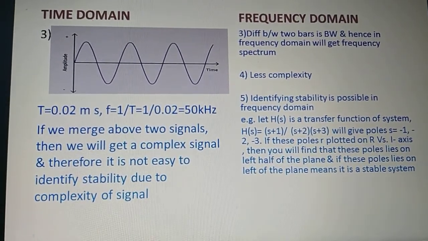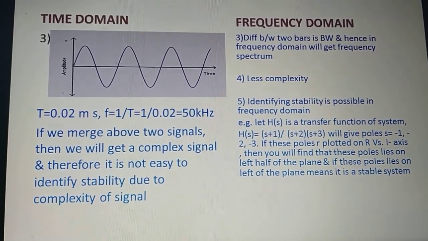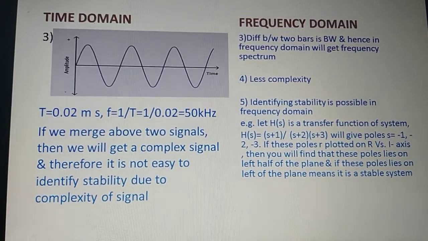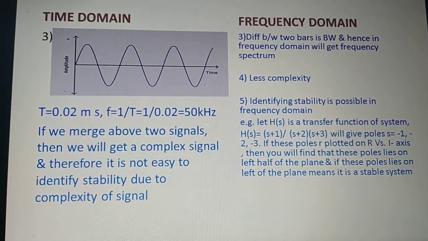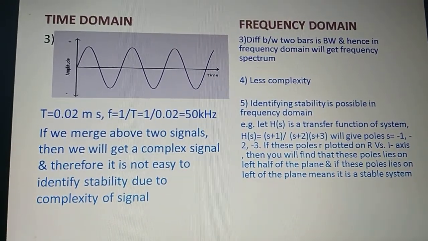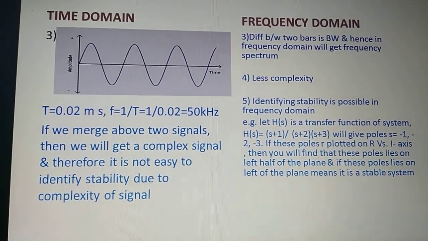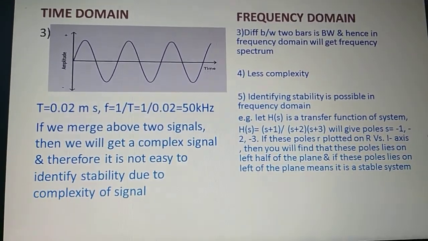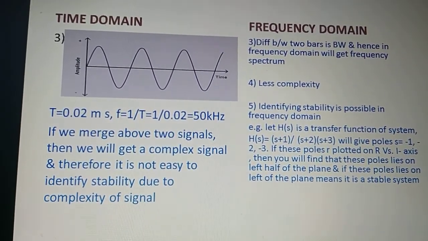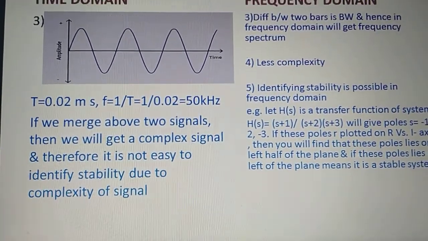The difference between the two sticks or bars on the graph of frequency and amplitude is the bandwidth, and hence in the frequency domain we get a spectrum, and the identification of the stability is possible in frequency domain analysis.